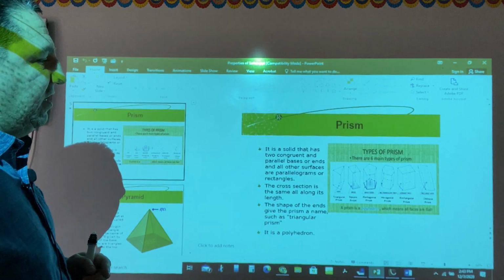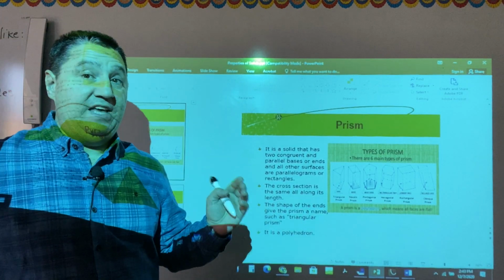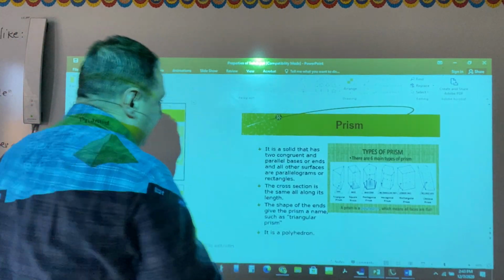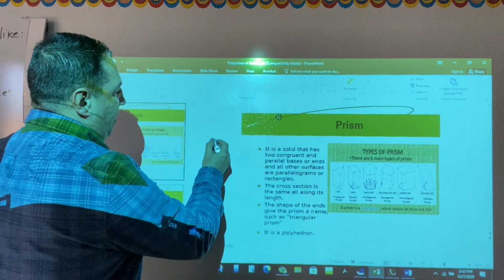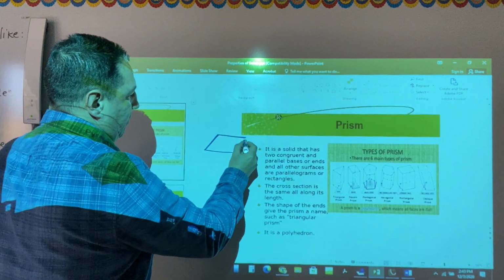The shapes of the ends give the name of the prism. In other words, a prism looks something like this.